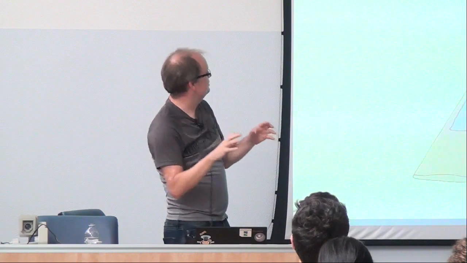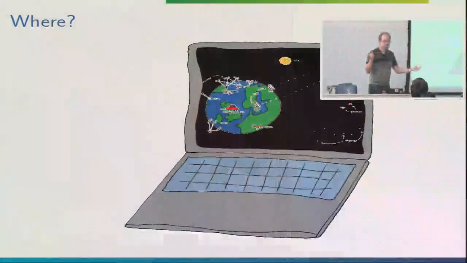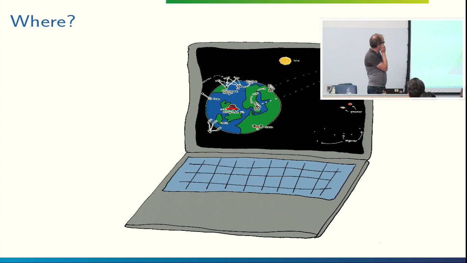But what we've been doing is developing a software that we call Where, since that's kind of the question that we're trying to answer. And what Where does is that we essentially take all these things. We have the SLR data, DORIS, VLBI data, GNSS, and things like this, and we try to analyze time series from these things, and then actually come up with these estimates. So we could do these Earth orientation parameter estimates.